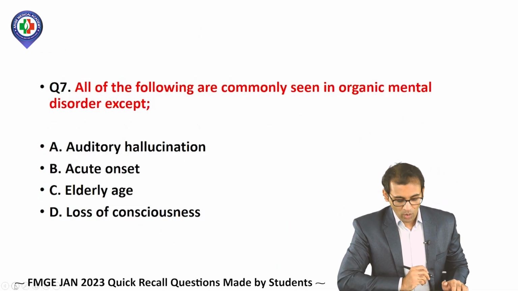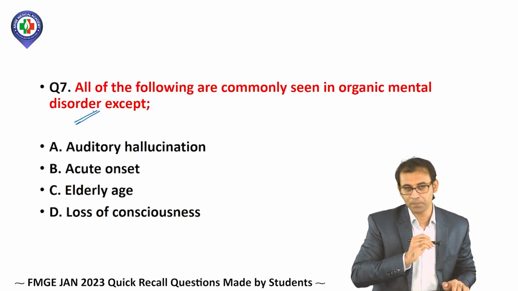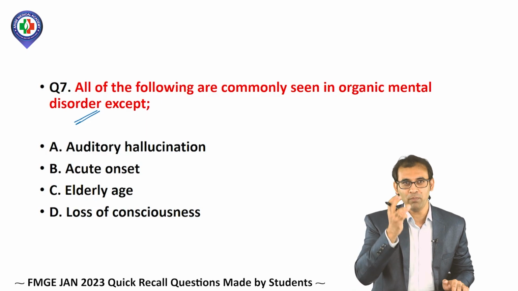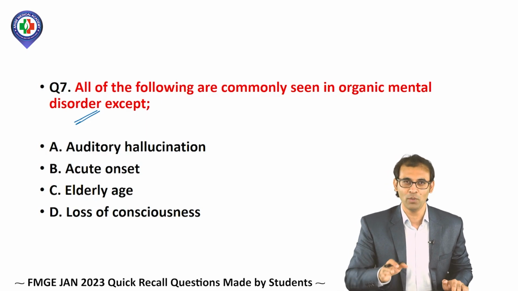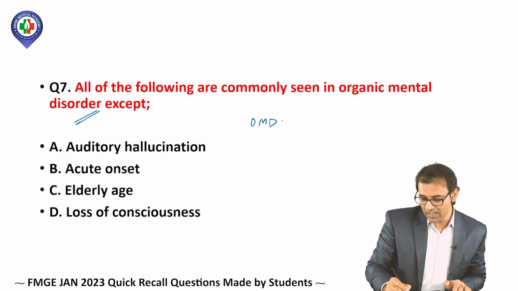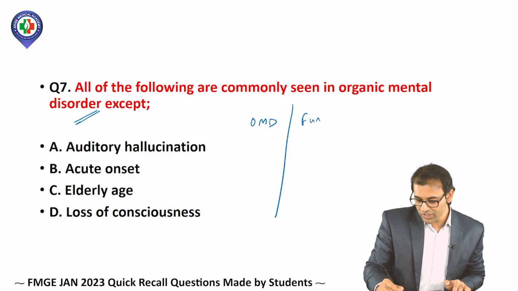Now question number 7. All of the following are commonly seen in organic mental disorder except. See, in this question, some students told me, sir, actually the framing of the question was different. That is fine. Almost a similar question was there. How to differentiate organic mental disorder and non-organic mental disorder, which is called functional disorder?